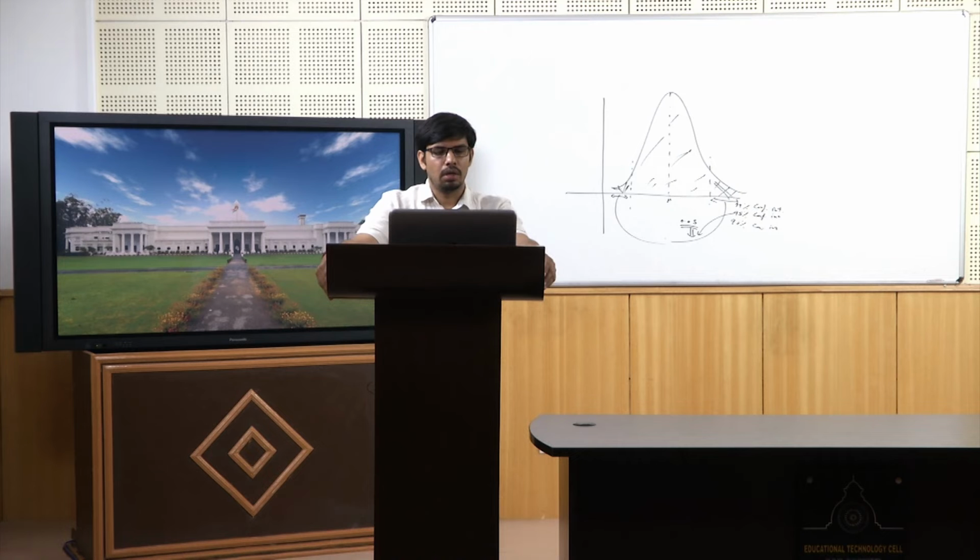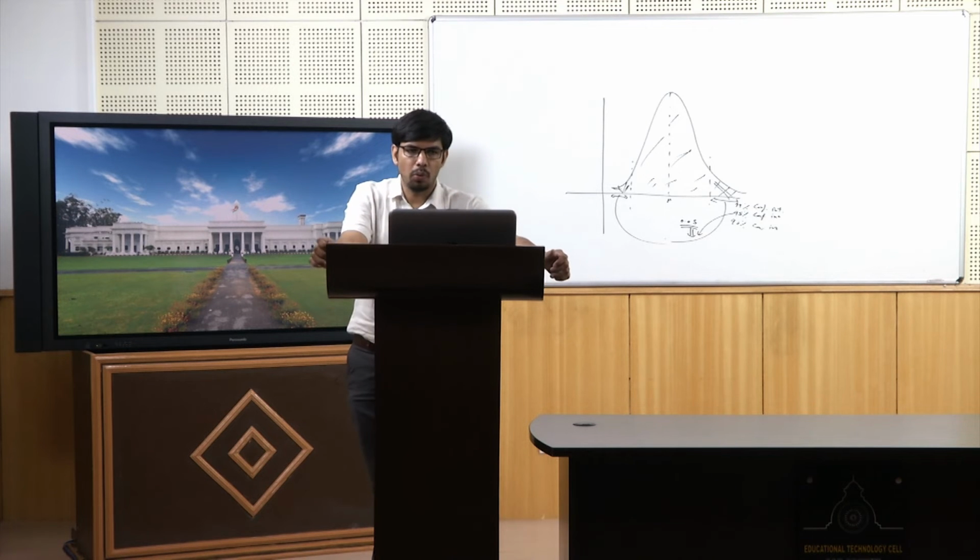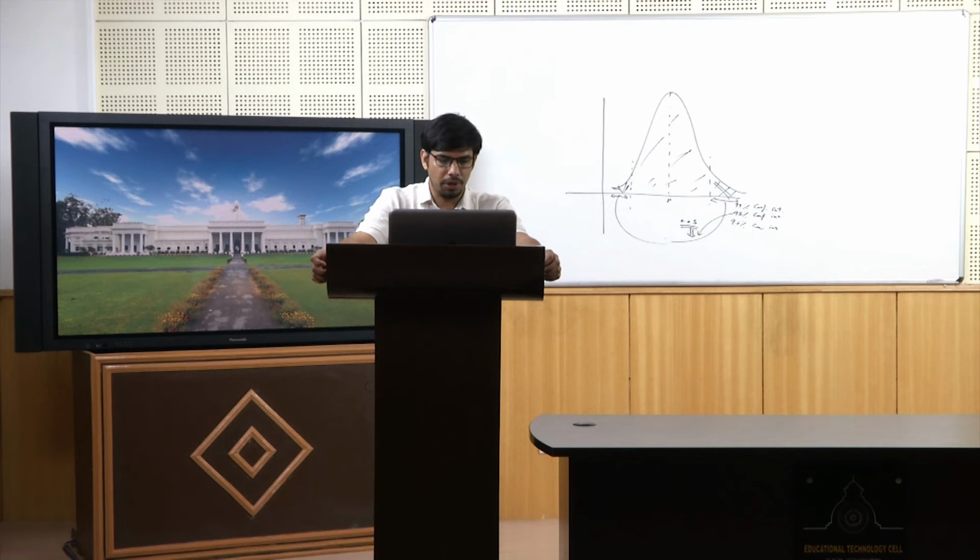The confidence interval will minimize some of the uncertainty about the sample estimate that we have, and it will tell us a range where, with some confidence, we would be able to say that the population parameter is going to lie.